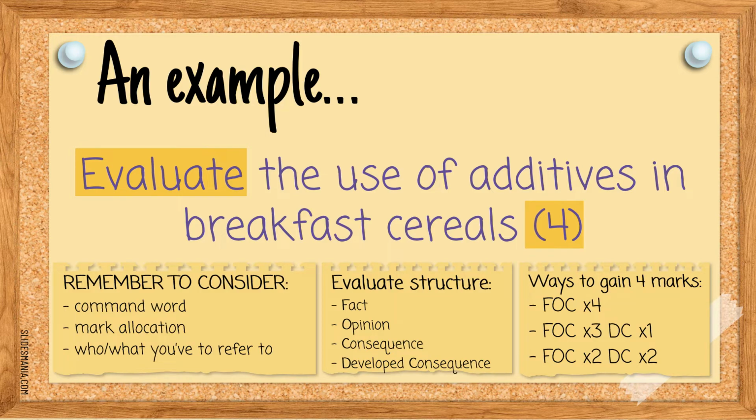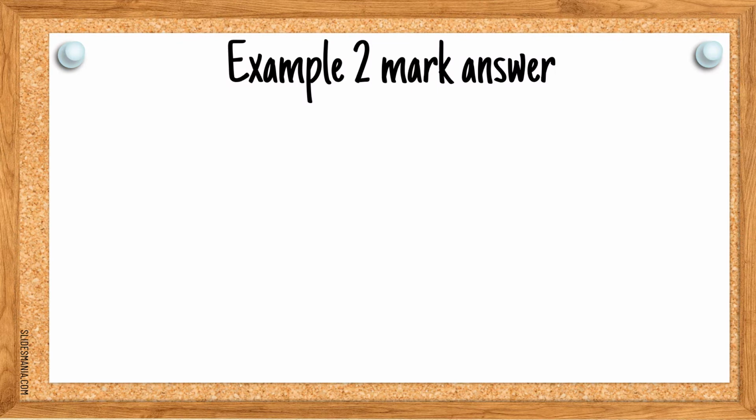And then finally, we've got to remember to consider who or what we've to refer back to. So in this case, we're evaluating the use of additives in breakfast cereals. So our answers need to refer back to breakfast cereals. So if we have a look at this example 2-mark answer.